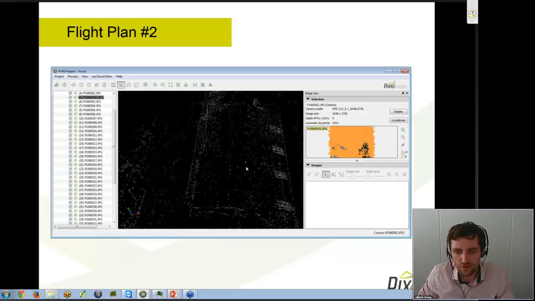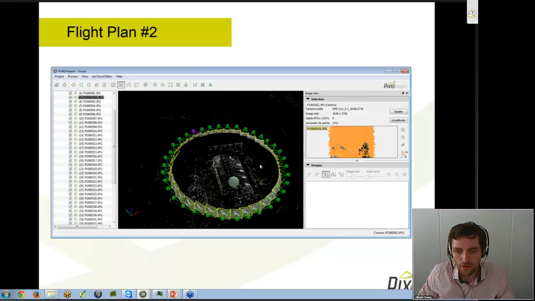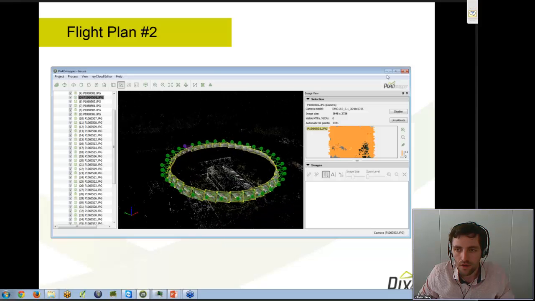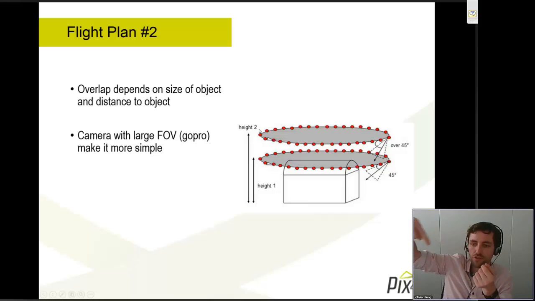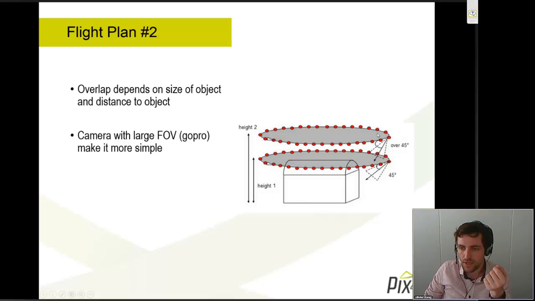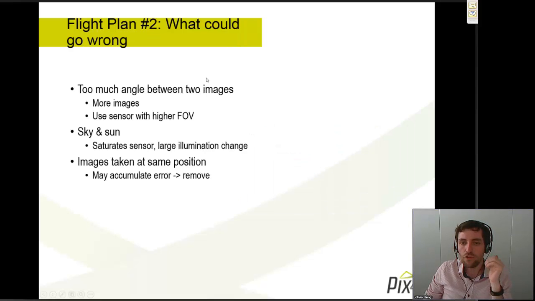When your object becomes a bit more complicated, you can also, as we show in this example, do multiple of these circles at different altitudes and with different camera angles. The most problematic thing that may happen in oblique projects is when there is too much angle between two images.